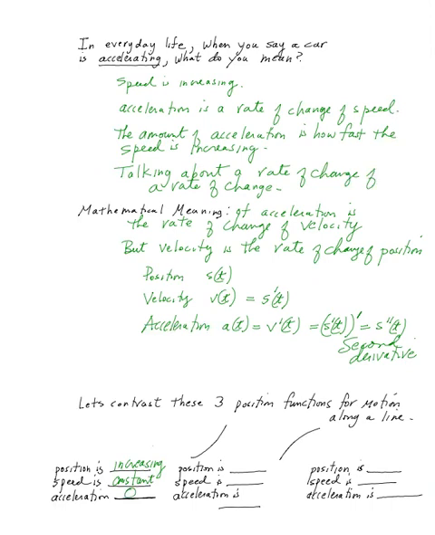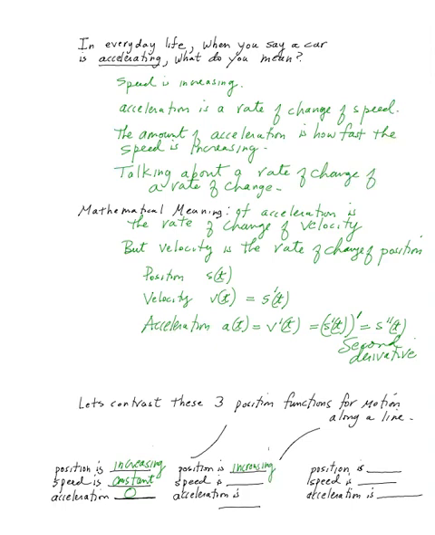Our speed is not increasing, our speed is not decreasing. That's what's happening when you've got a linear position function where the slope is positive. In this second case, our position is increasing also.